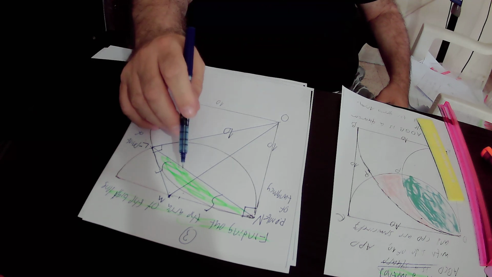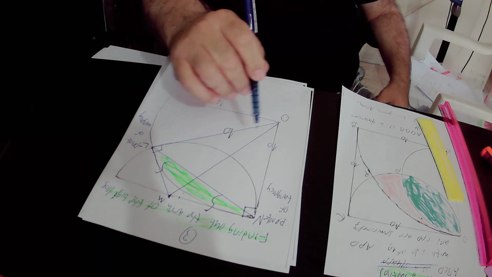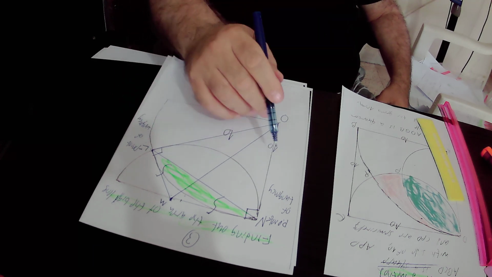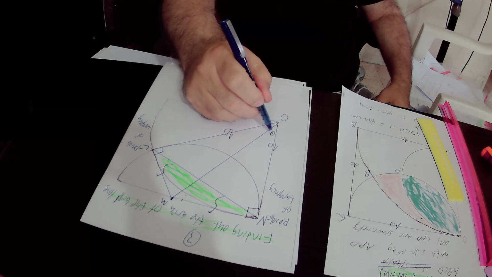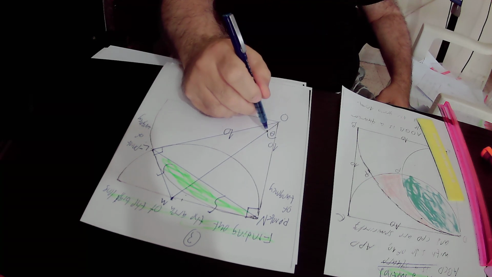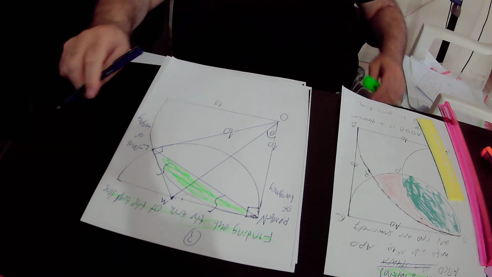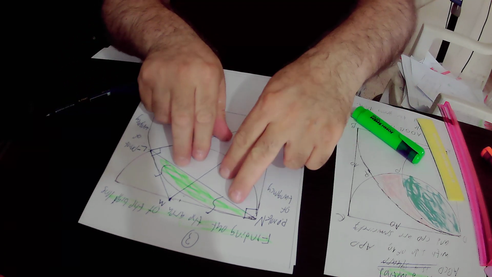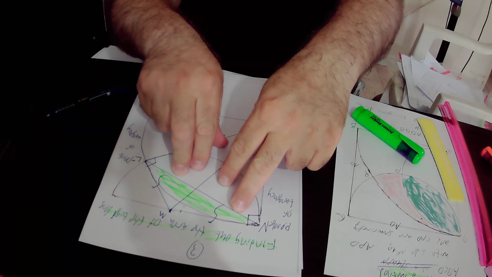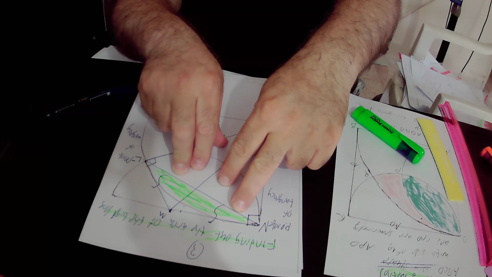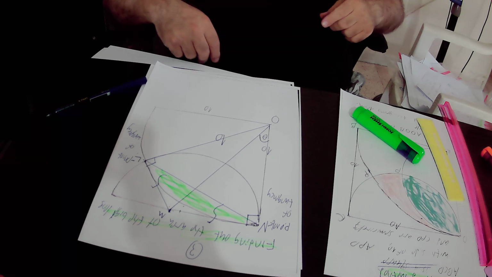We define angle MON as theta. Those two triangles are congruent according to the side rule. I'll explain why.